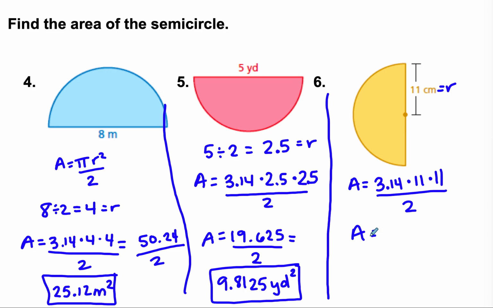All right, so 11 times 11 times 3.14 gives me 379.94 divided by 2. And that is going to give me an answer of 189 and 97 hundredths centimeters.